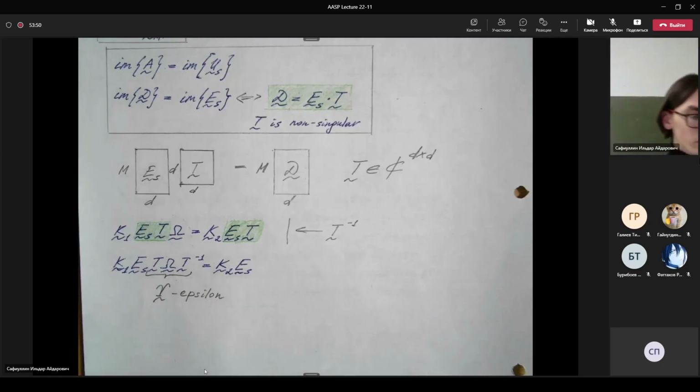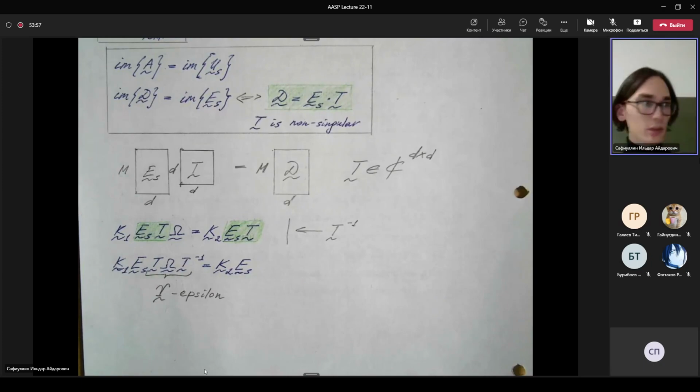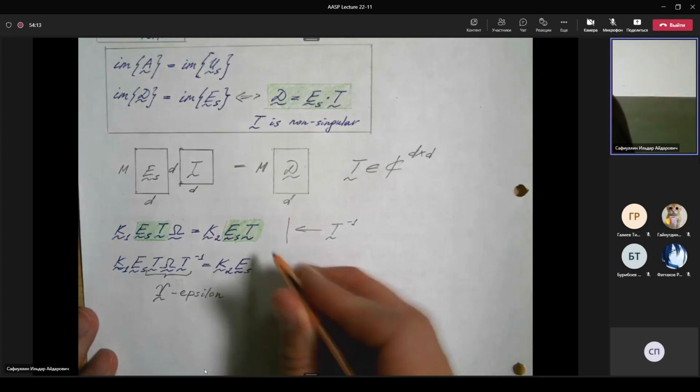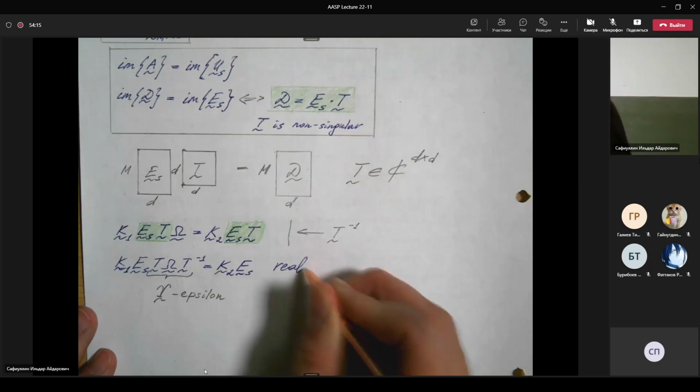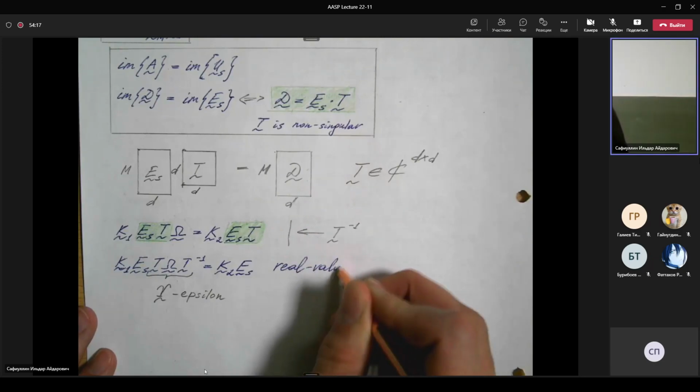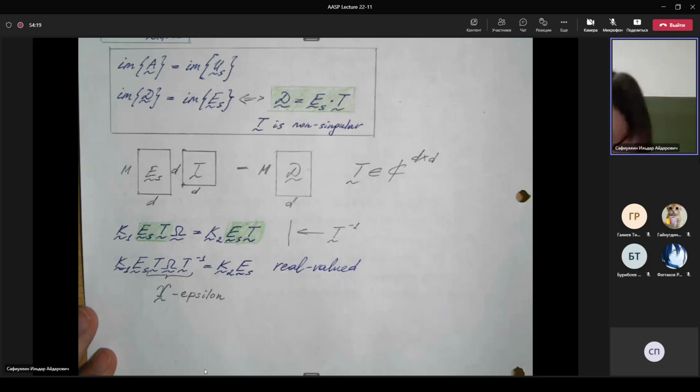And if you remember, the 1D unitary ESPRIT algorithm is a real valued algorithm. In this case, all these multiplications are real valued. We can call it the real valued invariance equation.